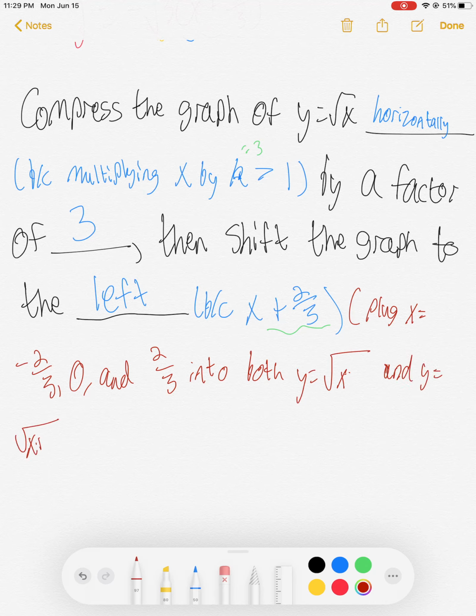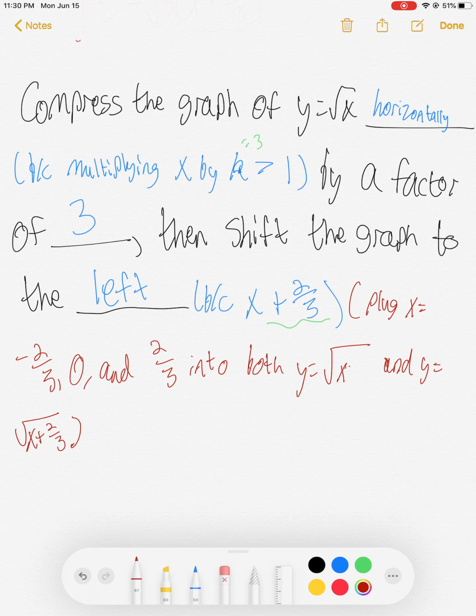Plug x equals, we'll say minus 2/3, 0, and 2/3 into both, and we'll keep it simple actually. I'll just say y equals root x and y equals root x plus 2/3.